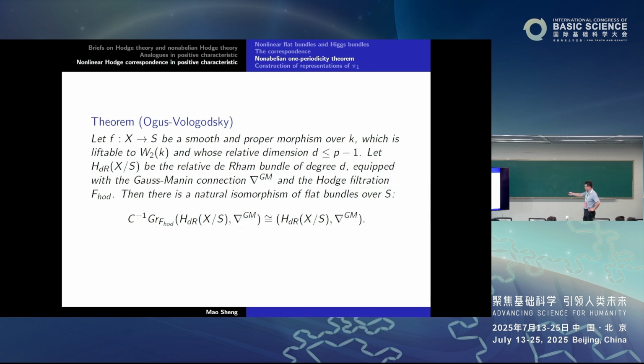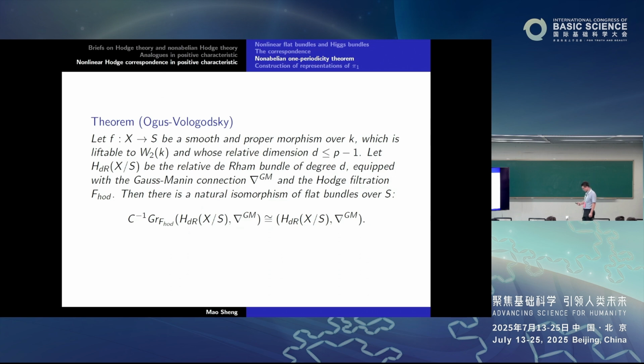Remember, this functor appears in our flow, right? It just means that in the flow you start with some flat bundle and you flow down to some Higgs bundle and you move upwards to some flat bundle using this inverse Cartier. Now it says that this is one-periodic. That means your resulting flat bundle is isomorphic to the original one. That is the meaning of the theorem.